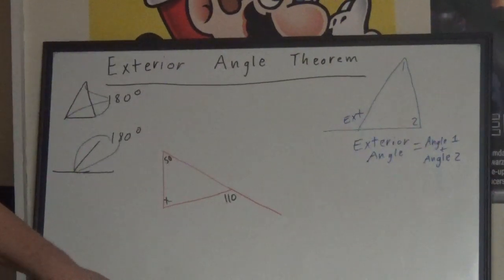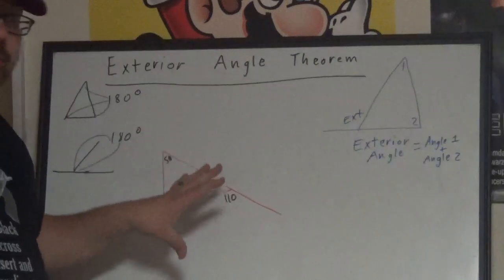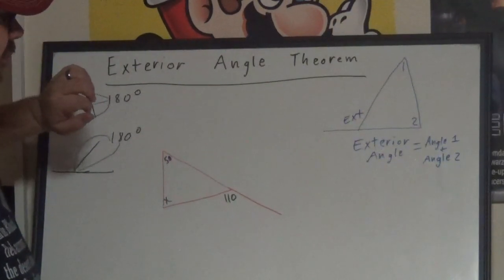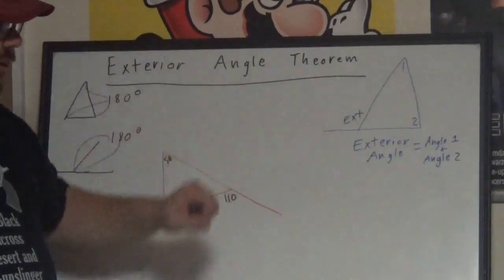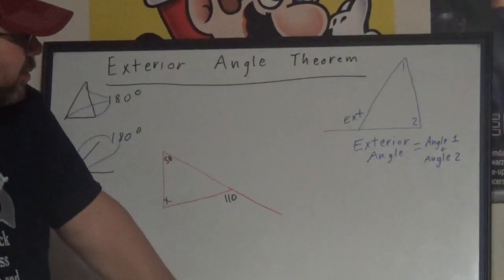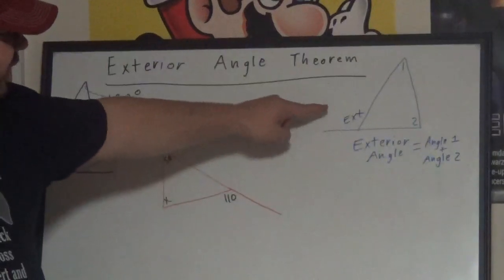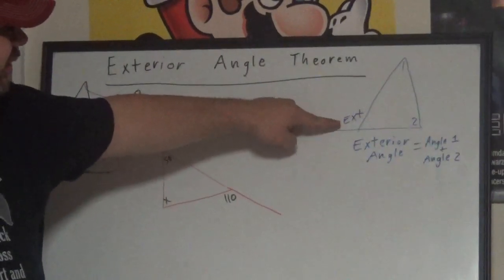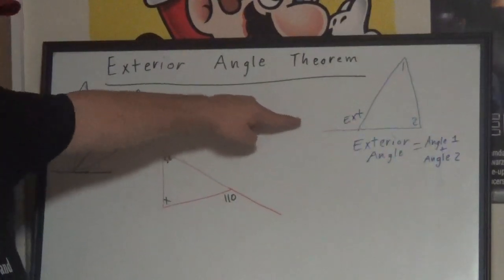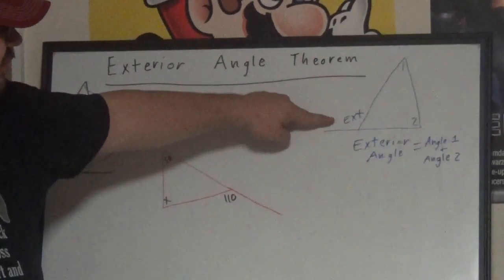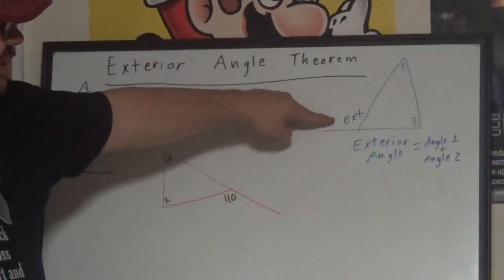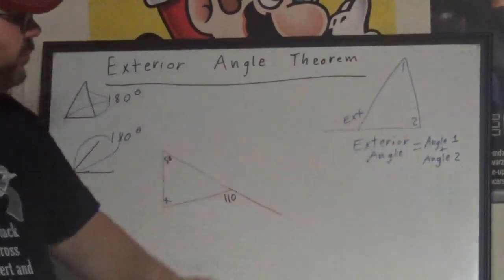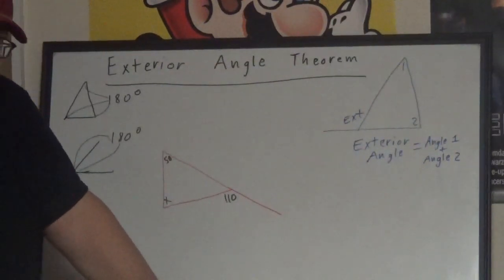Remember those two because if we put those together, we can come up with the exterior angle theorem. The exterior angle theorem says that if we have a triangle and we have an exterior angle, that exterior angle is equal to the two opposite angles.